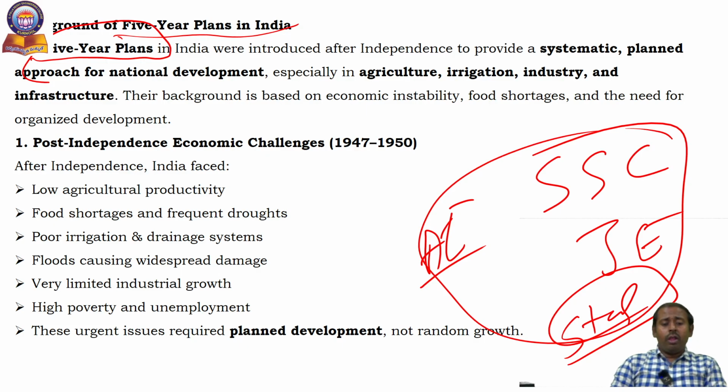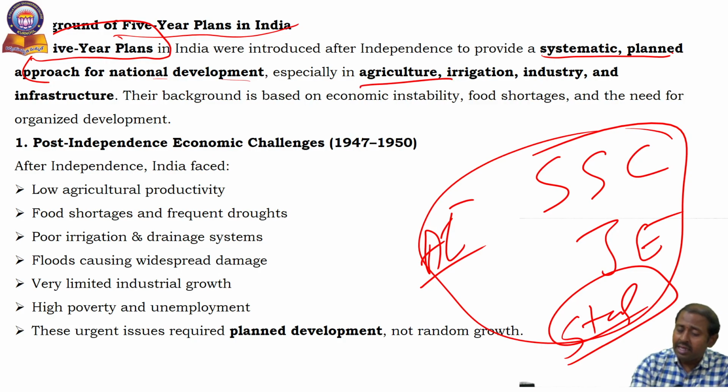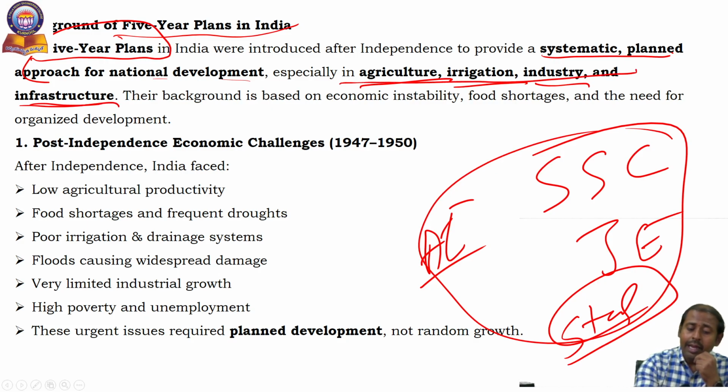The 5-year plan was introduced for what purpose? To provide a systematic planned approach for national development, especially in agriculture, irrigation, industry and infrastructure. Whenever this development occurs in a nation, that is a developed nation.